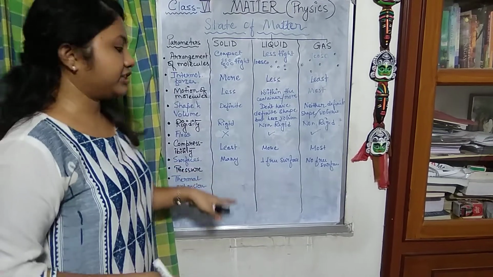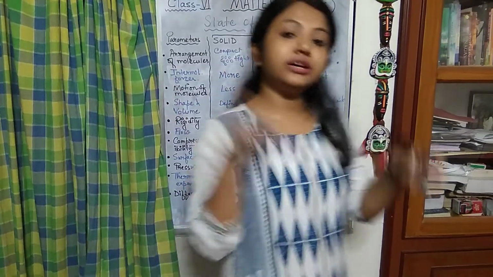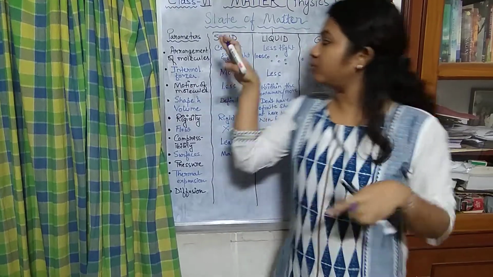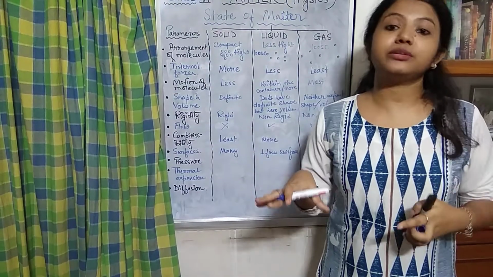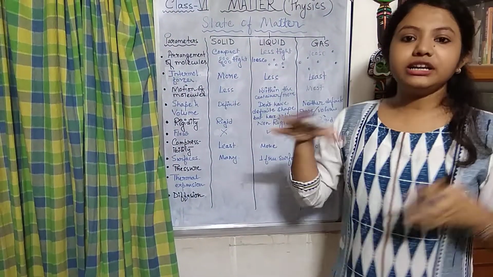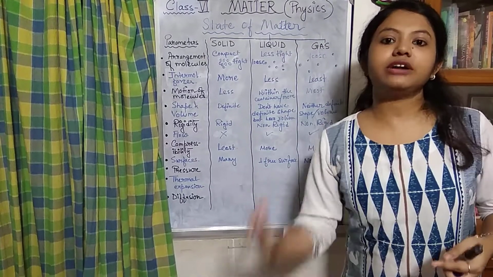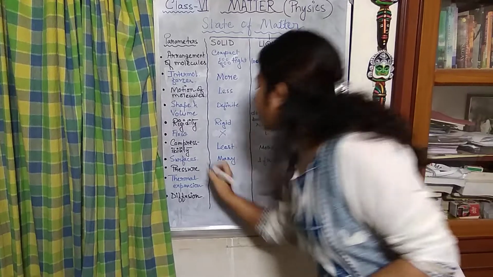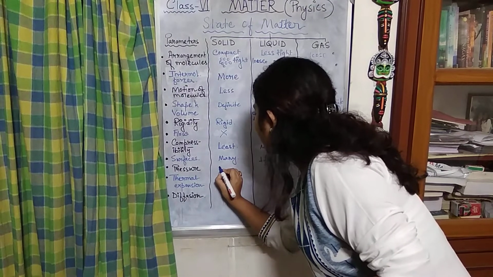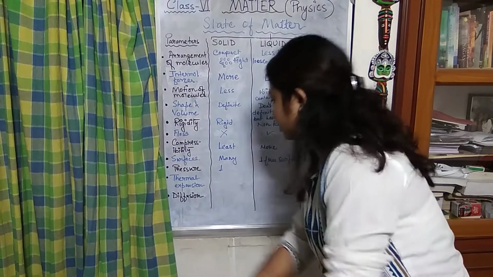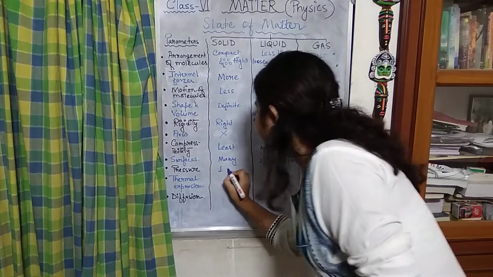Then comes the pressure. It's not the pressure that we are putting into them. It's how much pressure they are exerting and where they are exerting it. Solid exerts pressure in the downward manner toward the earth, due to gravity. So the pressure will be toward one surface, in one direction.